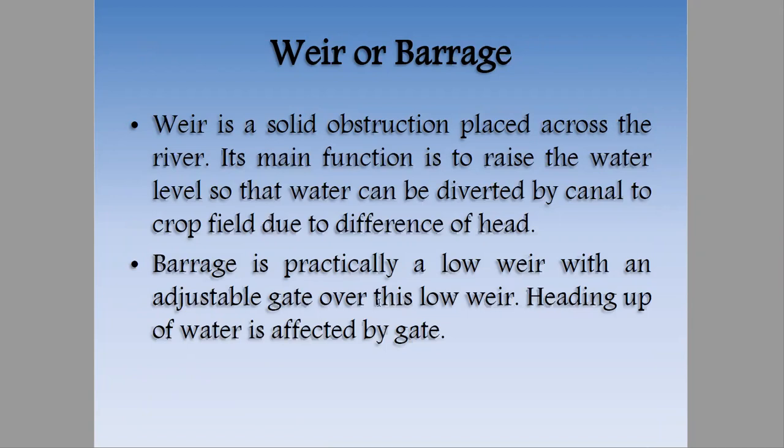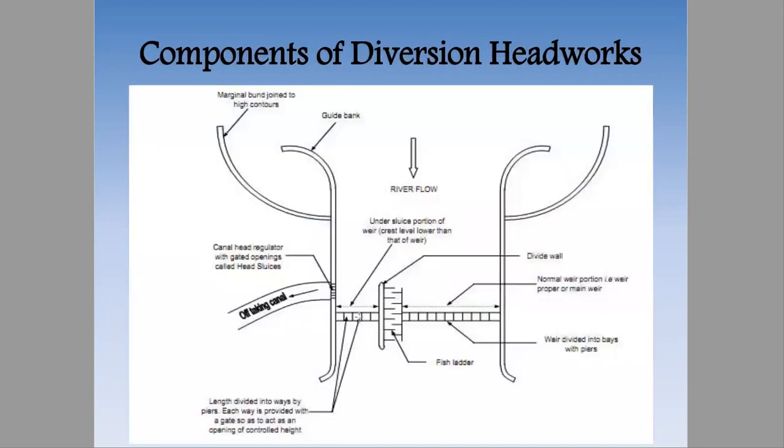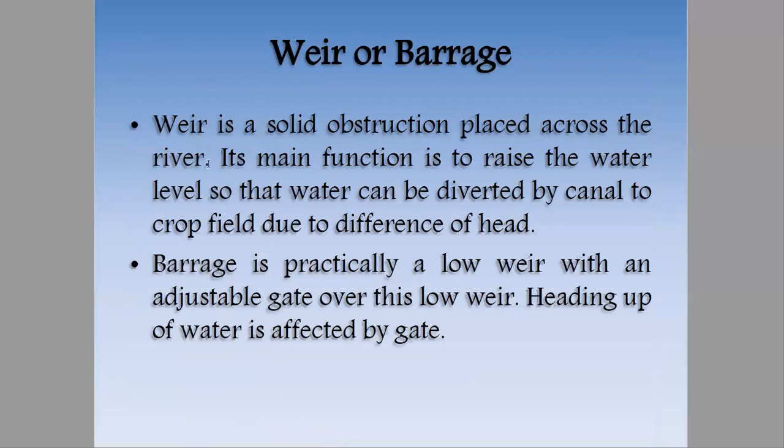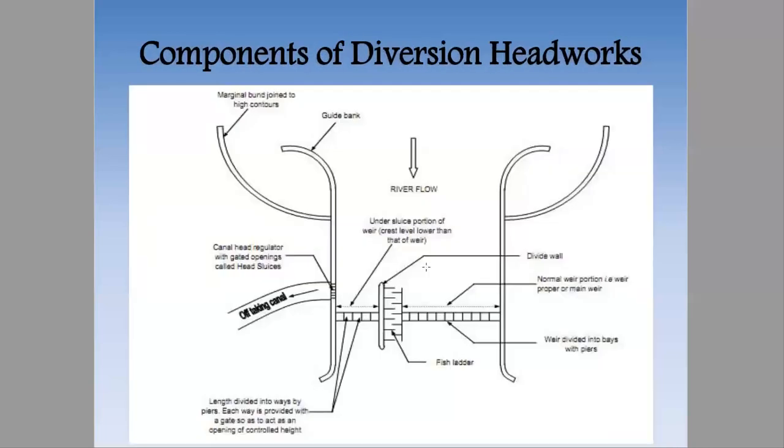Basically, it is constructed, here this is the river flow, and it is constructed across the river. The river is flowing in this direction, and its main function is to raise the water level.